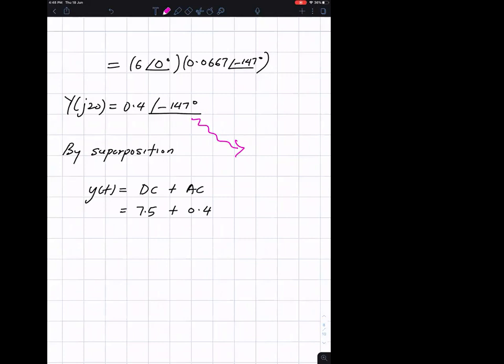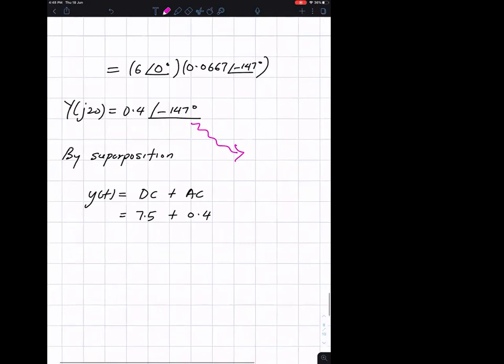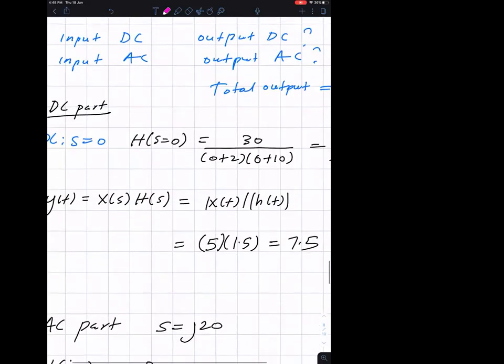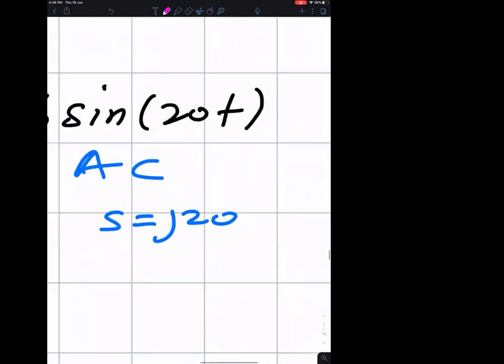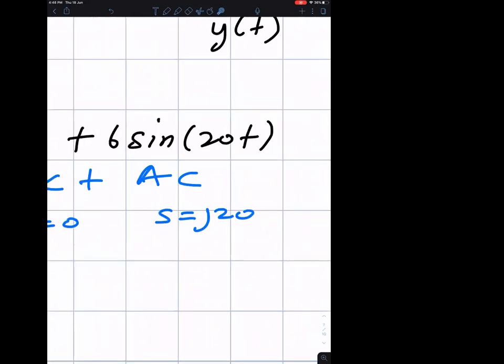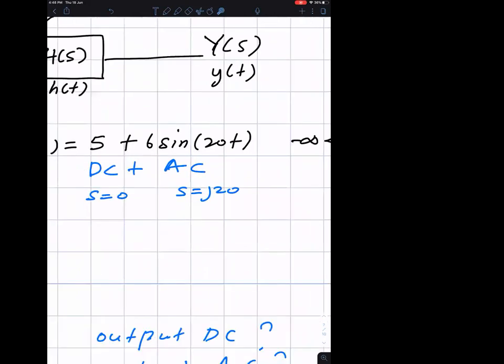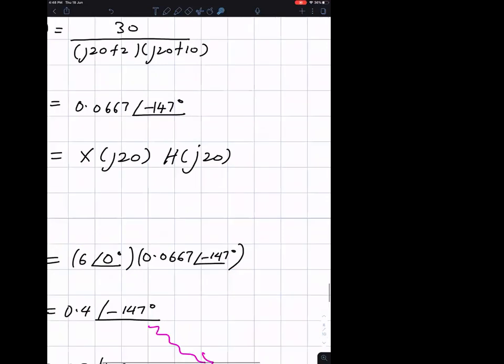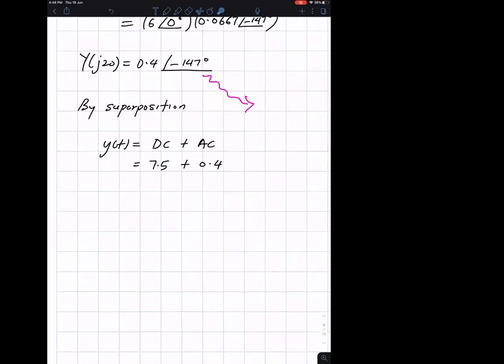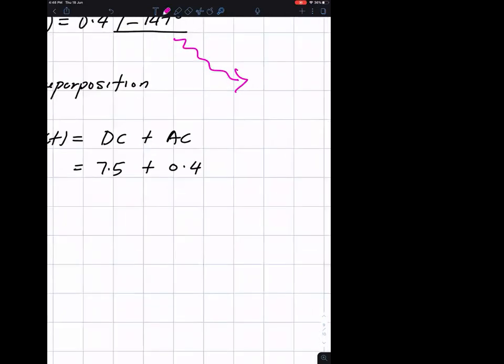You can use sine or cosine, but if you go back, your input was in sine, right? So you use sine, so the output is also compatible. If you use cosine, then you are shifting your answer by 90 degrees. That will be an error. So you use the same sine.